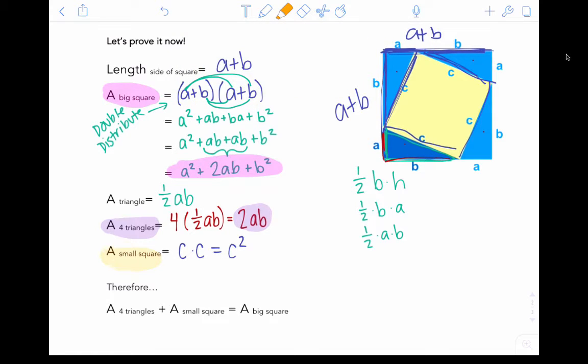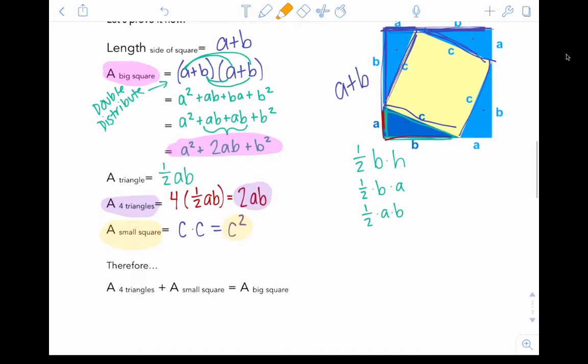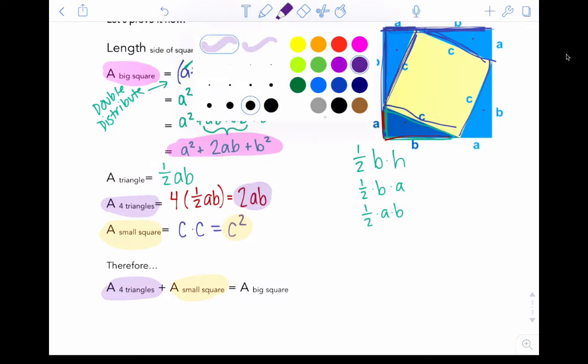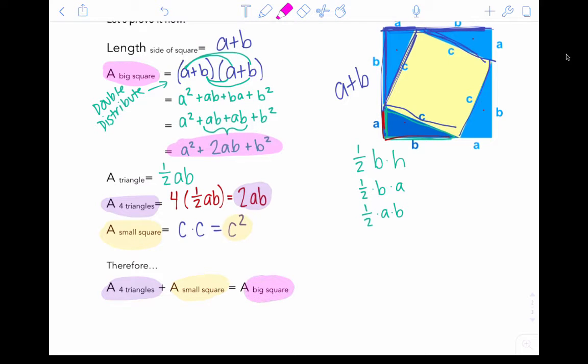And I have the area of the small square right here. So now I just need to put that together. I have the area of the small square, the area of the four triangles, and the area of the big square. So I'm just going to move those numbers right there.